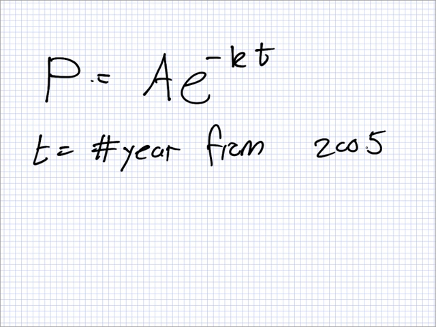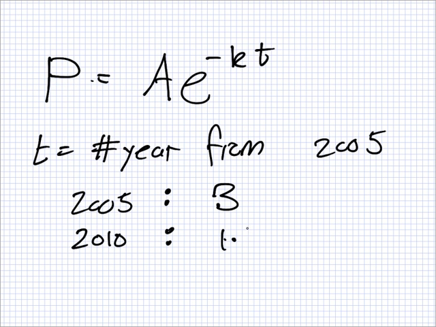You're told that in 2005 you had 3 million fish, and in 2010 you had 1.3 million. So what's happening to the fish population? It's decreasing.